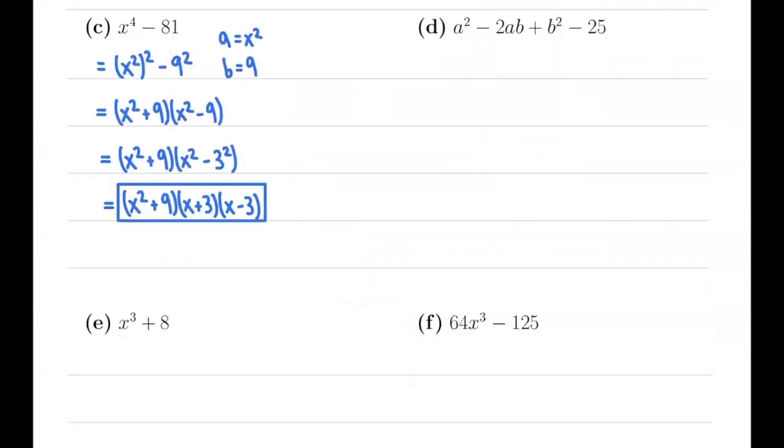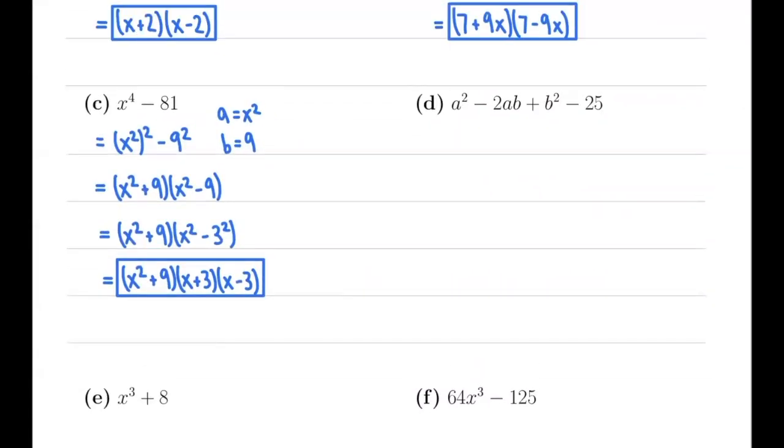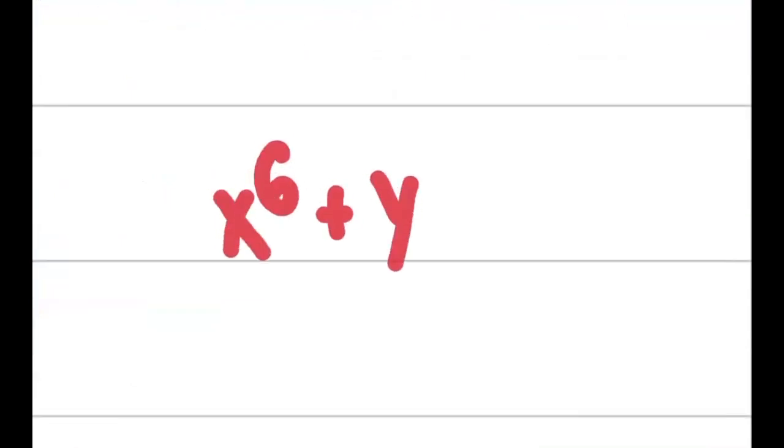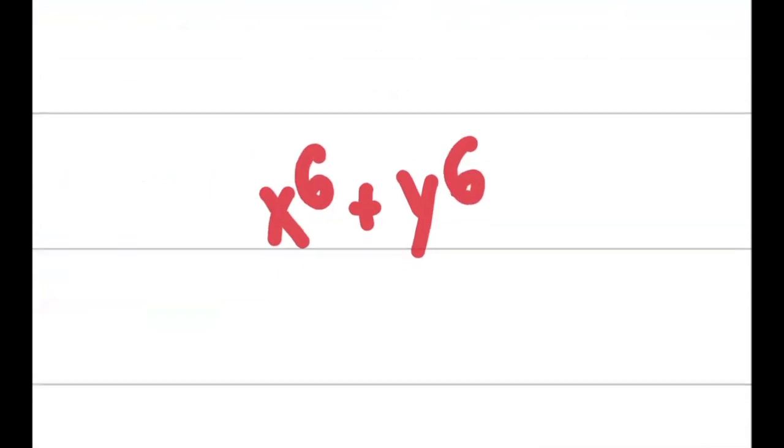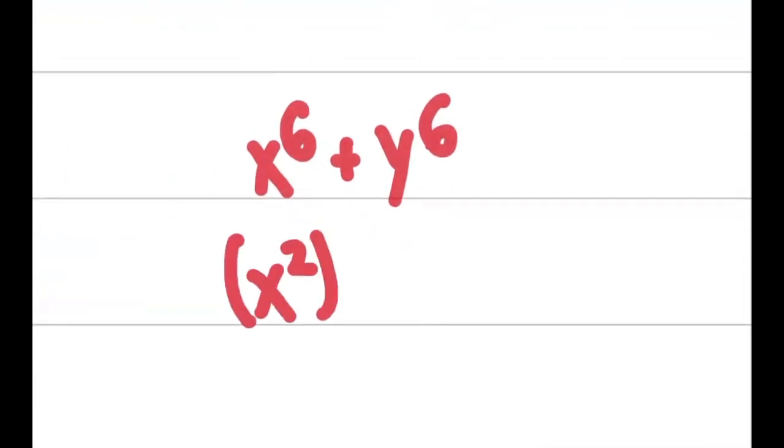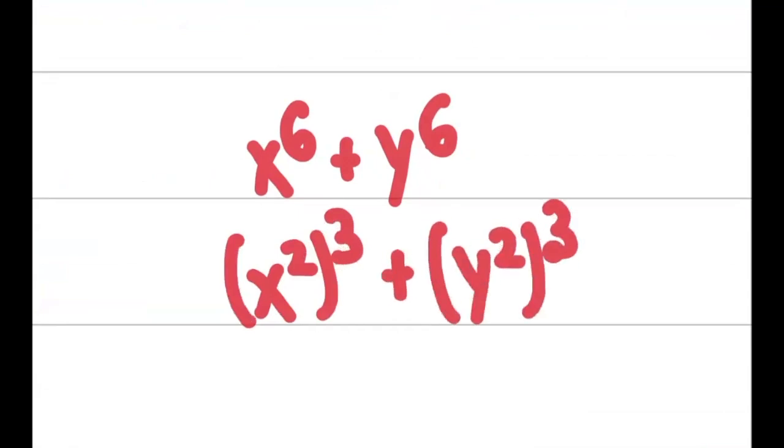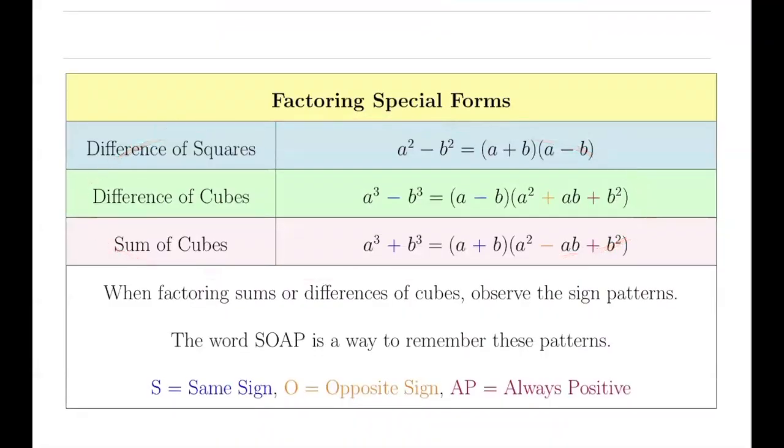I don't have an example of this on here, but if you wanted to factor, let's say x to the power of 6 plus y to the power of 6, you can use the sum of cubes formula, because you can write this as x squared to the power of 3 plus y squared to the power of 3. So it looks like you have a sum of cubes now. All right. So these formulas right here can be applied to situations with higher order exponents. You just have to do some clever algebra using your exponent properties.